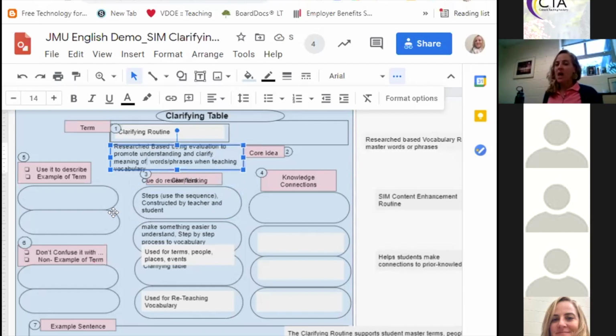Can I get some thumbs up if that is what you would like for it to be our core idea? You can type in the chat, just thumbs up, or you can do a thumbs up. Do you think that is a good understanding of the core idea of the clarifying routine?